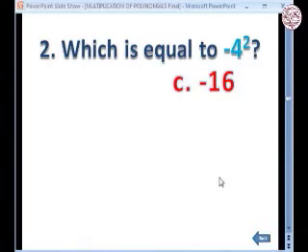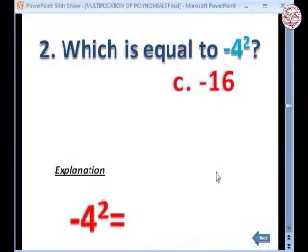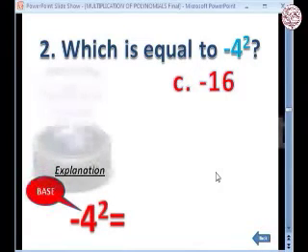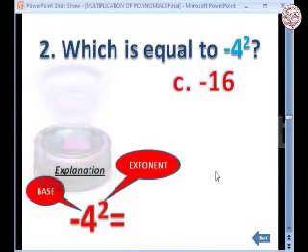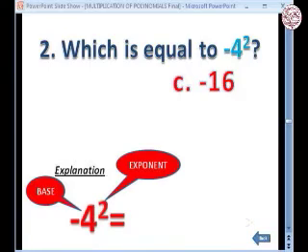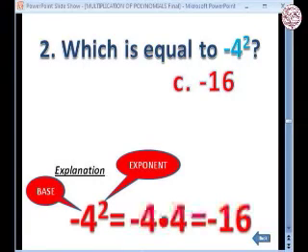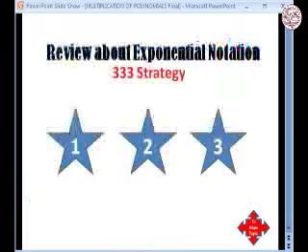The answer is letter C, negative 16. The question is why? Here's the explanation. In negative 4 raised to 2, your base is actually just 4, do not include the negative, and the exponent is 2, which tells you how many times you multiply your base. And this is to be written negative 4 times 4, which gives you negative 16. Did you get it right?